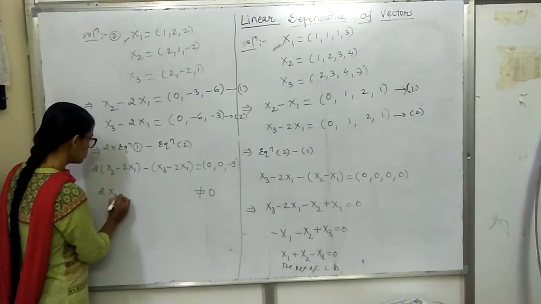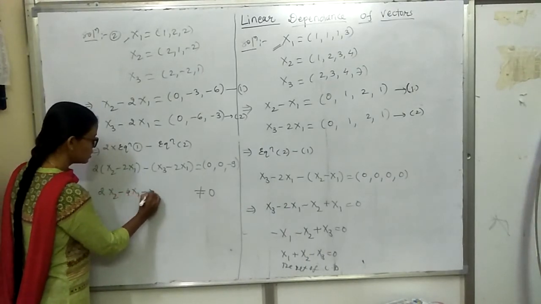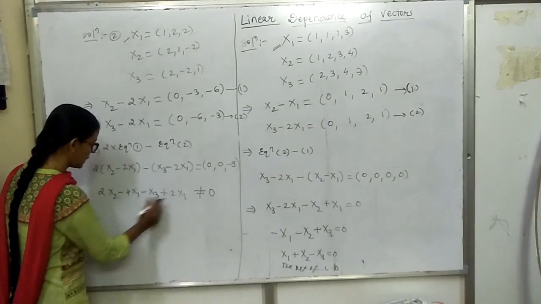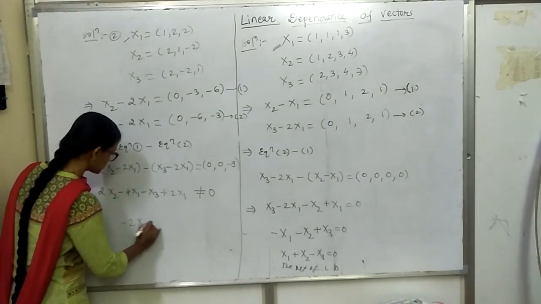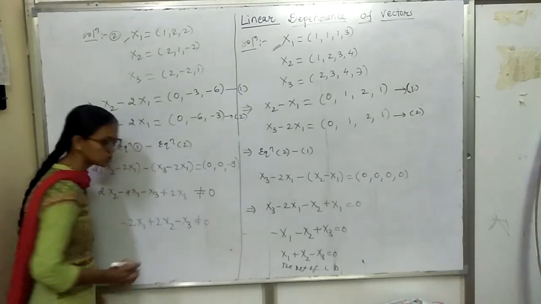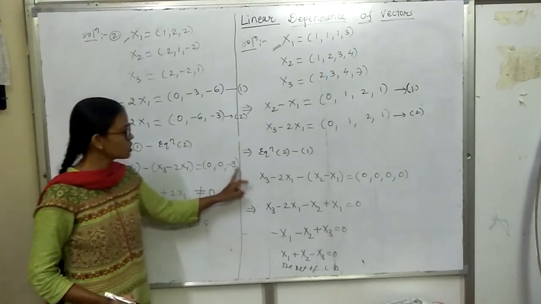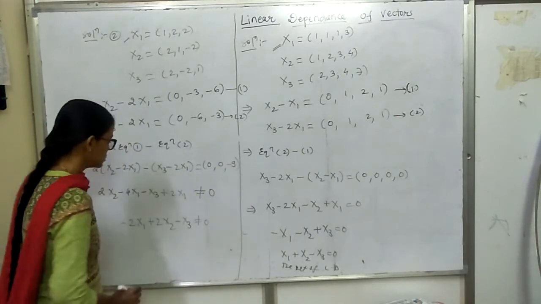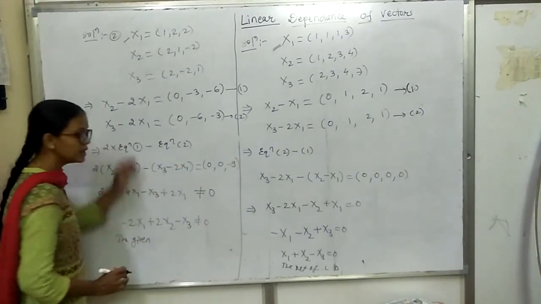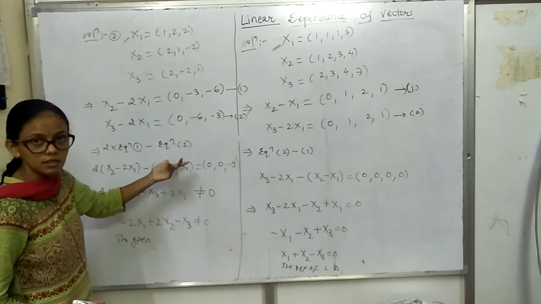So 2x2 minus 4x1 minus x3 plus 2x1, or minus 2x1 plus 2x2 minus x3, is not equal to 0 since all the components are not 0. So the given set of vectors are linearly independent in this case.